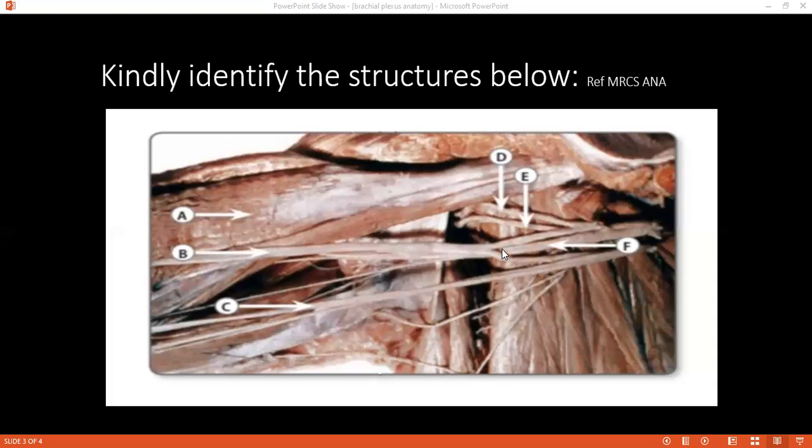What are the terminal branches of the nerves? The main terminal branches from lateral to medial, we have musculocutaneous nerve, the axillary nerve, radial nerve, median, and ulnar nerve.